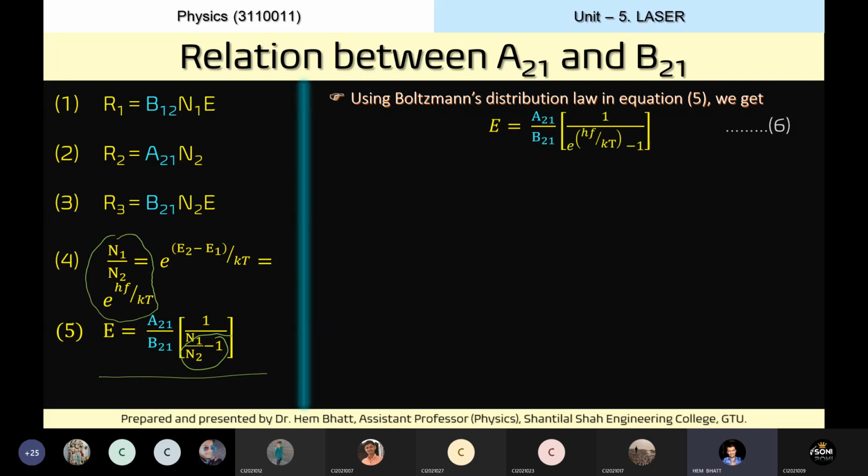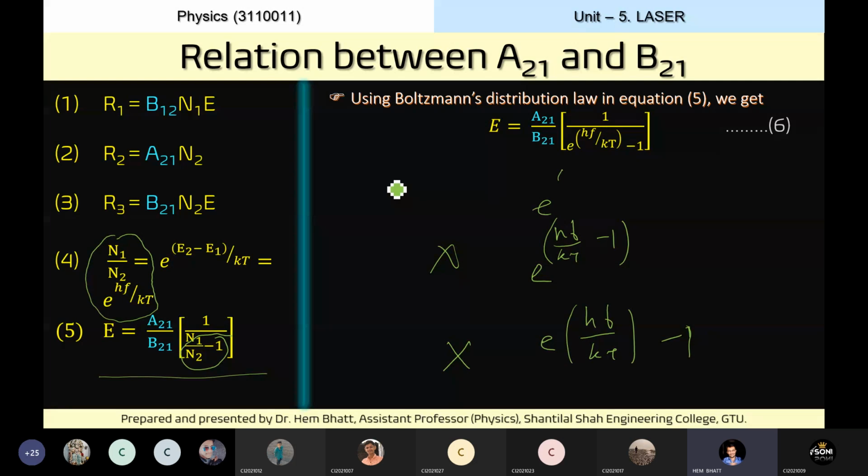This is what you will have. Now be careful in exam when you are writing. It is not E^HF by KT minus 1. આવી રીતે નથી લખવાનું.